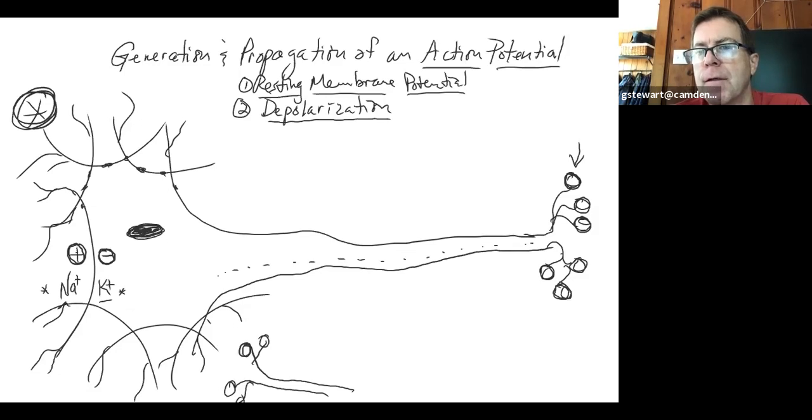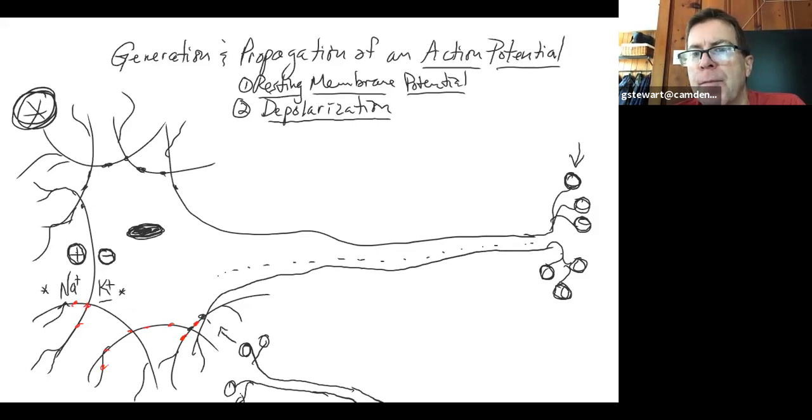If this nerve cell off to the bottom releases neurotransmitter, and that neurotransmitter binds to receptors, I'll use red, since I used black for that sodium-potassium pump. So these receptors all along the soma and dendrites can receive neurotransmitter.